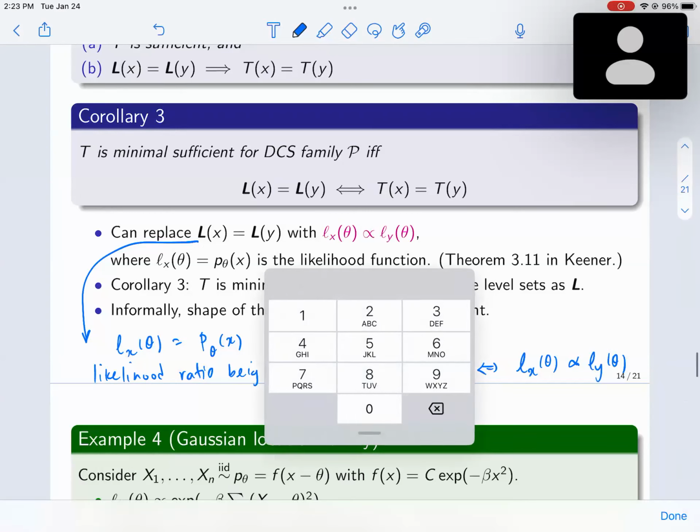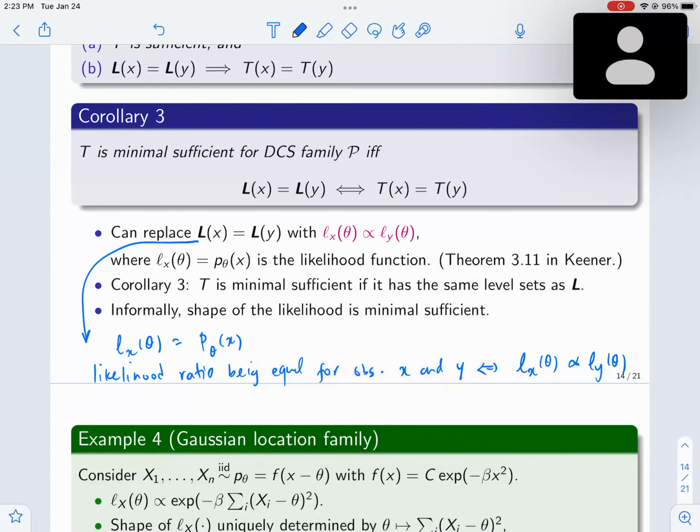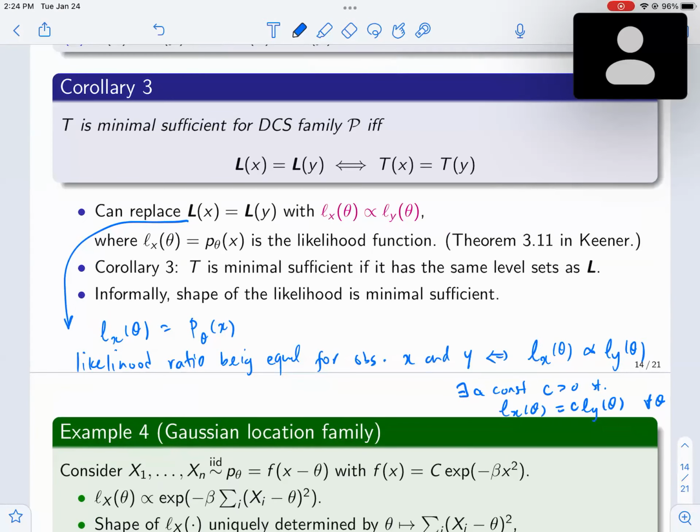I hope this is clear. So when you write it like this, these are functions. It means there is a constant. Basically, there exists a constant C, let's say positive, such that L sub X of theta is C times L sub Y of theta for all theta. So that's the meaning of being proportional. So up to a multiplicative constant factor, the likelihoods are the same. Okay, like 2 times that, or this constant could also depend on X.